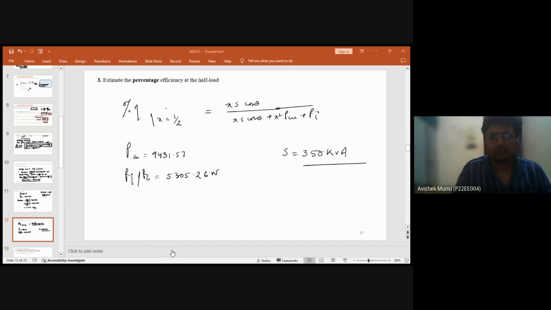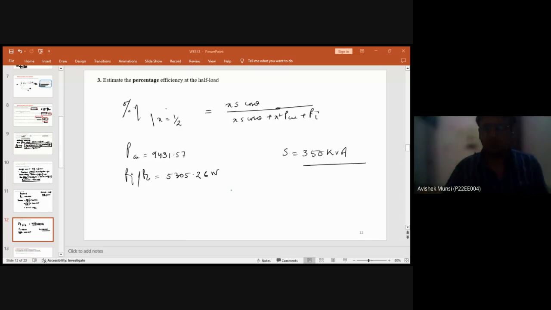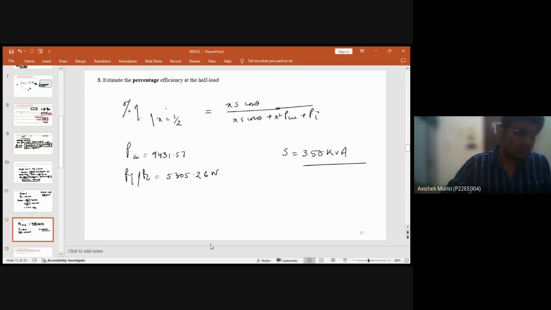Yes, many of you have got the correct answer. So if we solve it, that is half load, that is 0.5 times 350 kVA times cos theta.